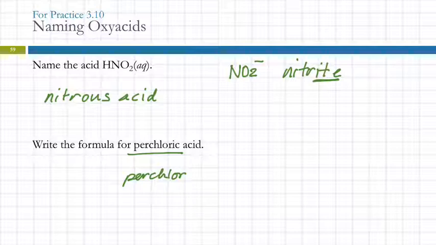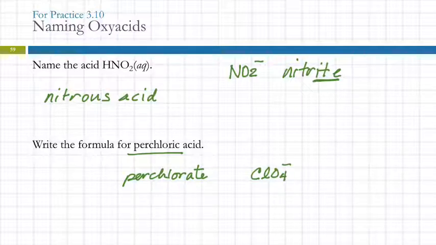It goes to 8. So this comes from the perchlorate ion. So I'm going to write the formula for perchlorate. Perchlorate is one more oxygen than chlorate. So chlorate was ClO3. This is ClO4, same charge.